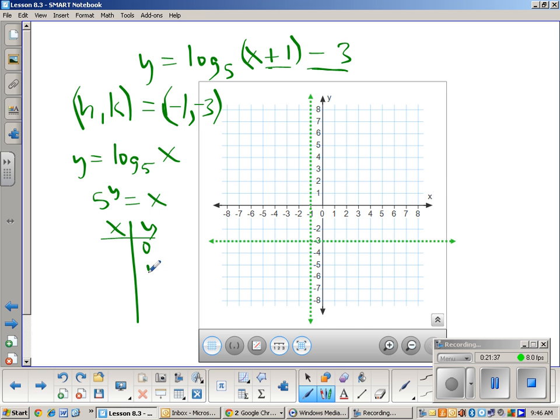And so 0, 1, 2. If I put 0 in for here, what's 5 to the 0? 1. Okay? And if I put 1 in here, then I get 5. And if I put 2 in here, I get 25.